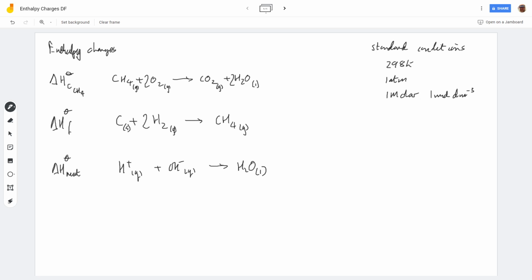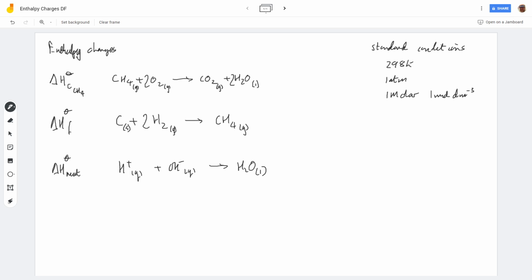So it's the enthalpy change when you neutralize a mole of hydrogen ions, essentially. So it doesn't really matter what acid you use, as long as it's a strong acid, you should get the same answer if you do it in terms of per mole of hydrogen ions, remembering some acids have got 2 hydrogen ions in them, like sulfuric acid, H2SO4. Okay, so those are the enthalpy changes that we're going to have to use.